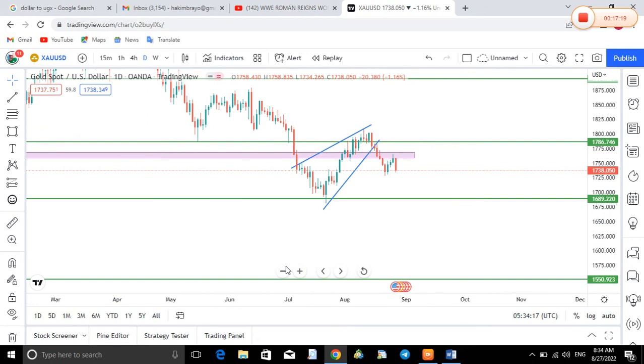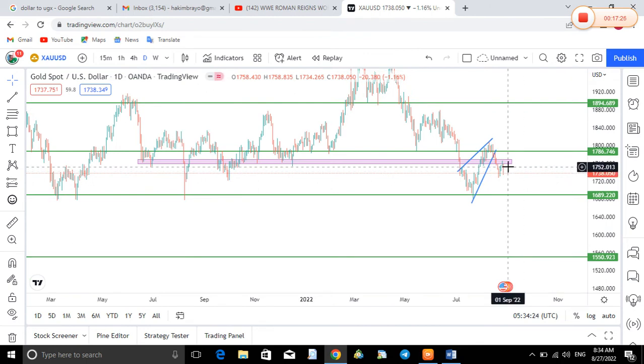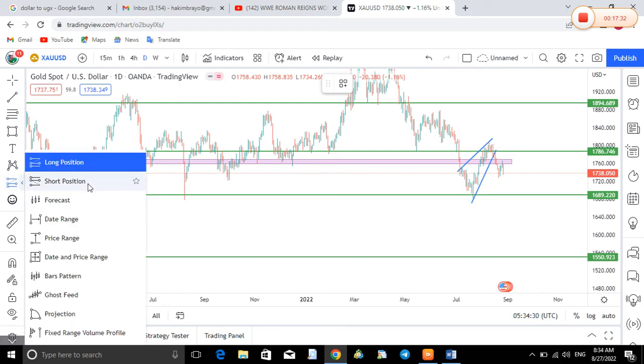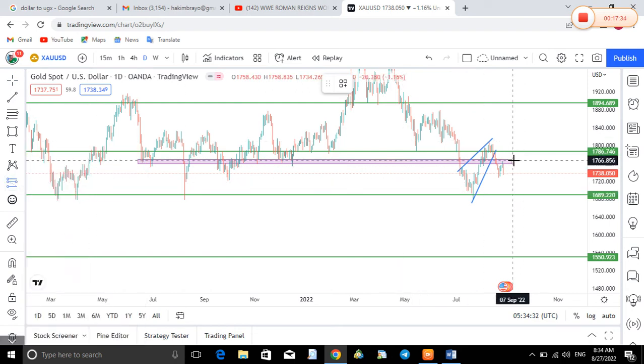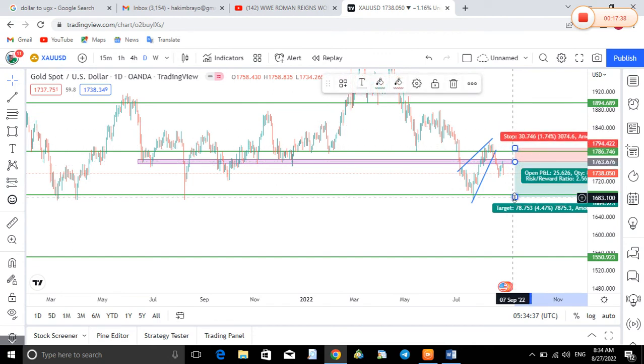So now the price broke this support trend line, then came back and made a retest. So that means for gold, we are still expecting gold to drop from this level up to our first TP of this bearish flag.